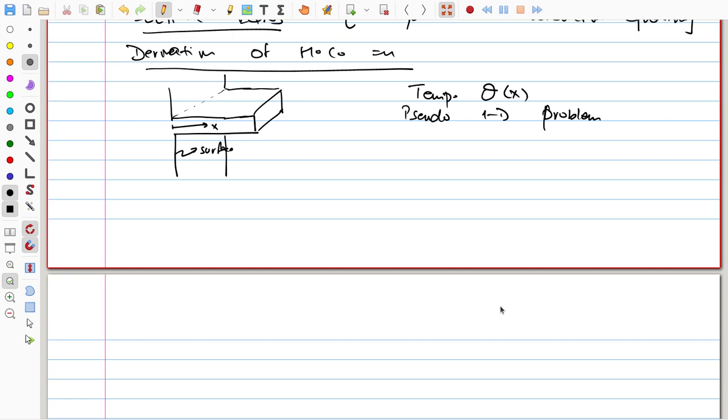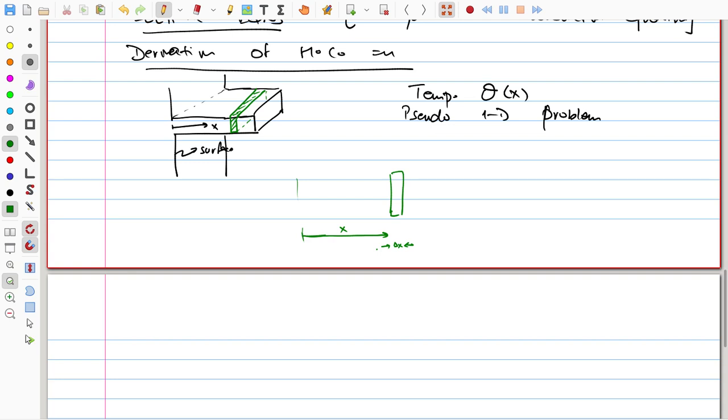So, if I look at a very thin section, let us say that somewhere in the middle I look at a thin section of the fin, and since it is a 1D problem now, I can just draw the section like this, and this is your x direction and this is the surface. So, this is x, and this thin section that I have considered is delta x thick.